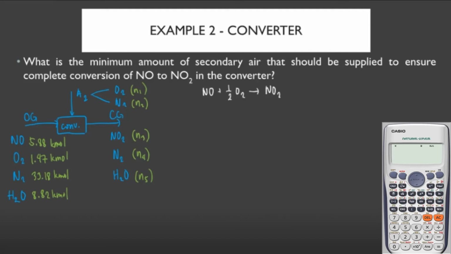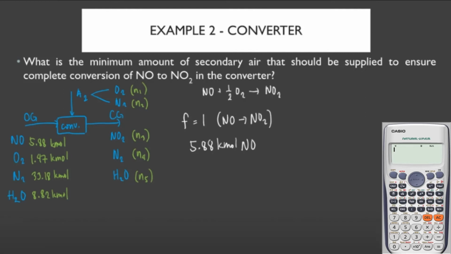Let us start our solution with the definition of the conversion. The conversion in this case is 1, and this pertains to converting NO to NO2. If the conversion is 1, that means that all of the reactants in the feed is converted to products in the product stream. So we can say that the entire 5.88 kilomoles of NO is converted to NO2.